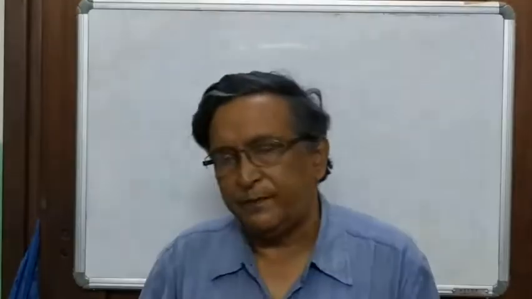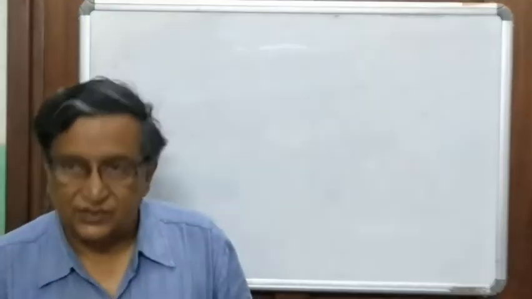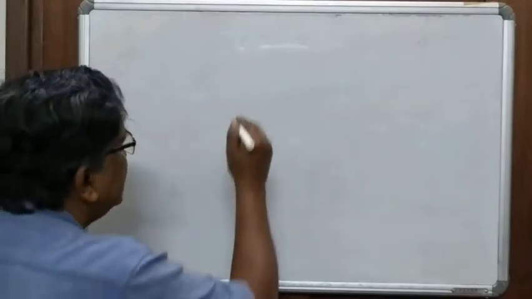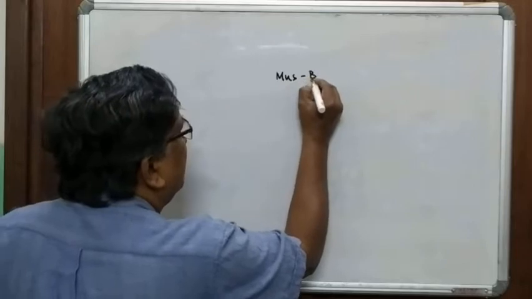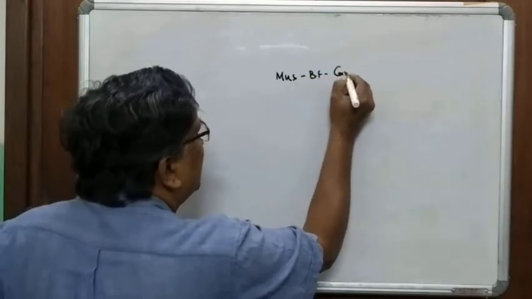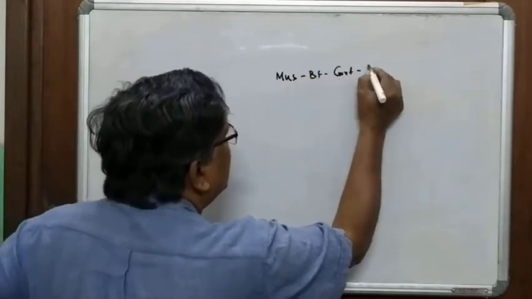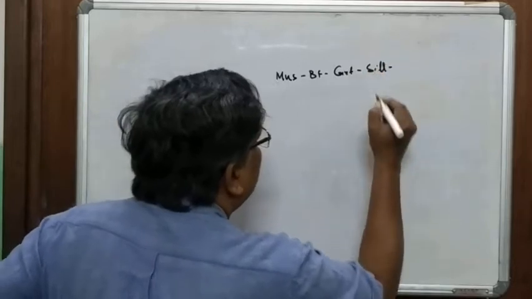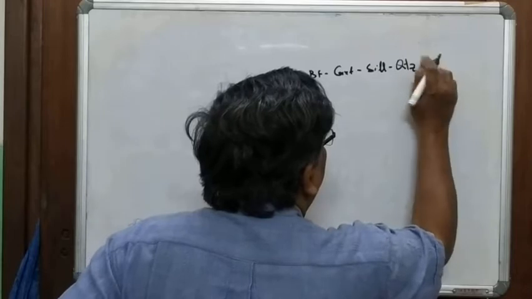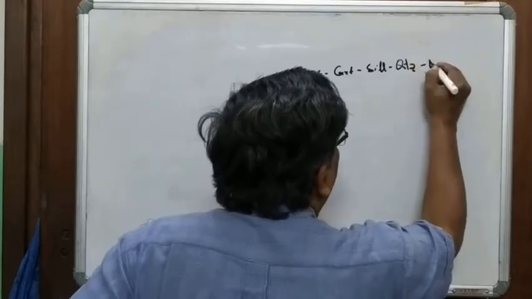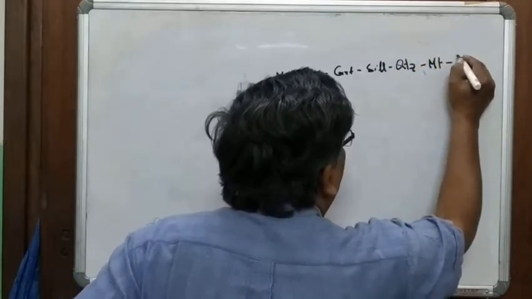After we find out the pressure temperature condition, what next? For that, let me start with an example. A very common example. Say, for example, you have muscovite, biotite, garnet, sillimanite, quartz, magnetite, and ilmenite.